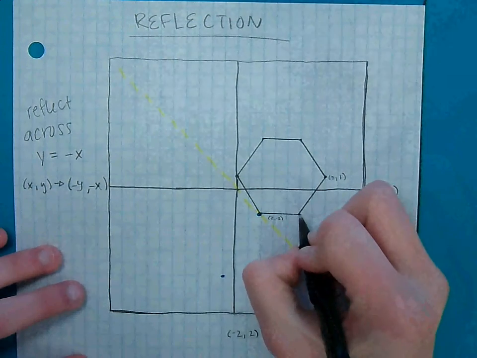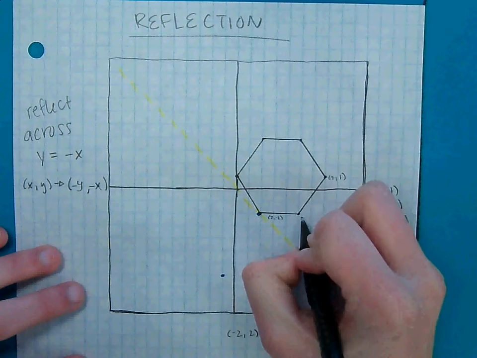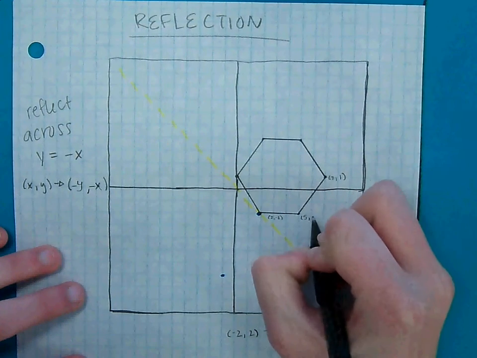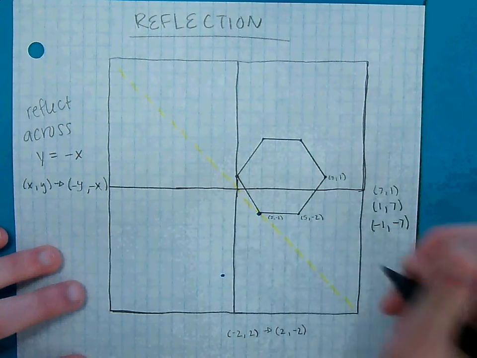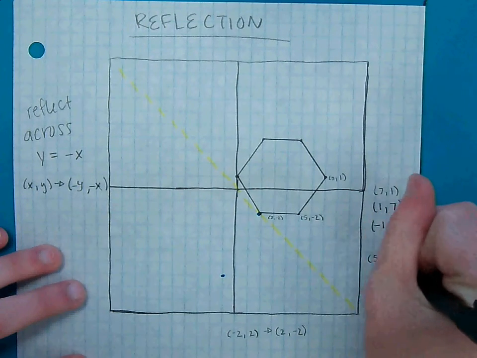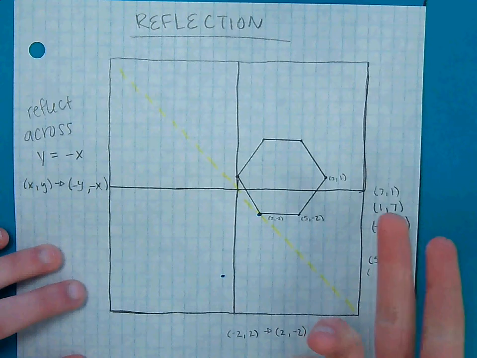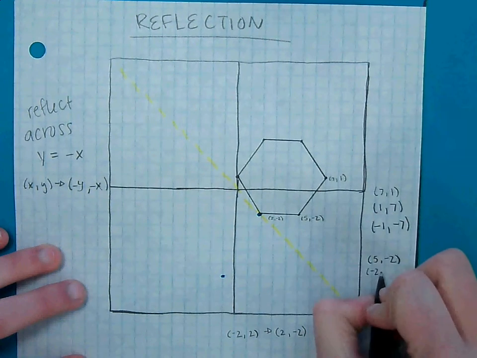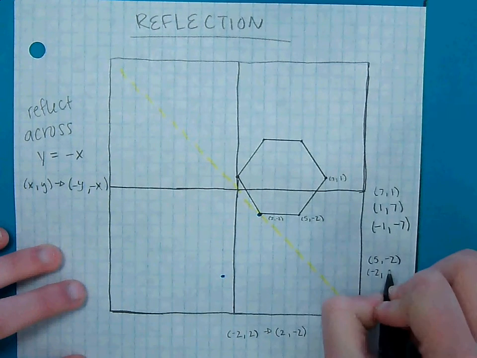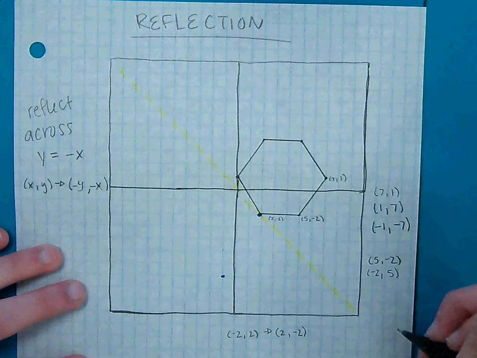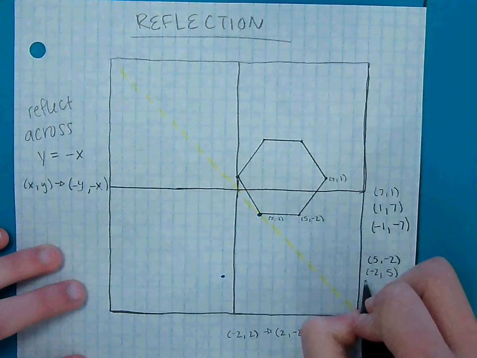Alright? So now I'll do one more example of changing the coordinates. This point right here is at 5, -2. Okay? So that's where we start. Now we're going to swap them, so y is now x and x is now y. Since it's y equals -x again, we change the signs.